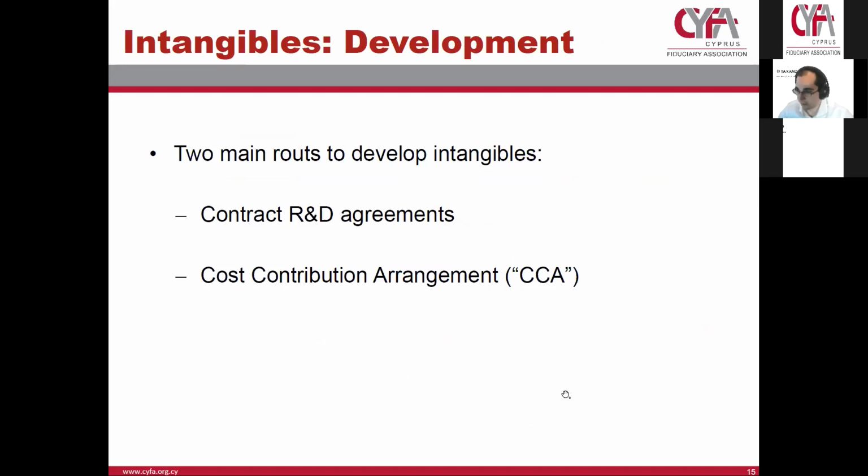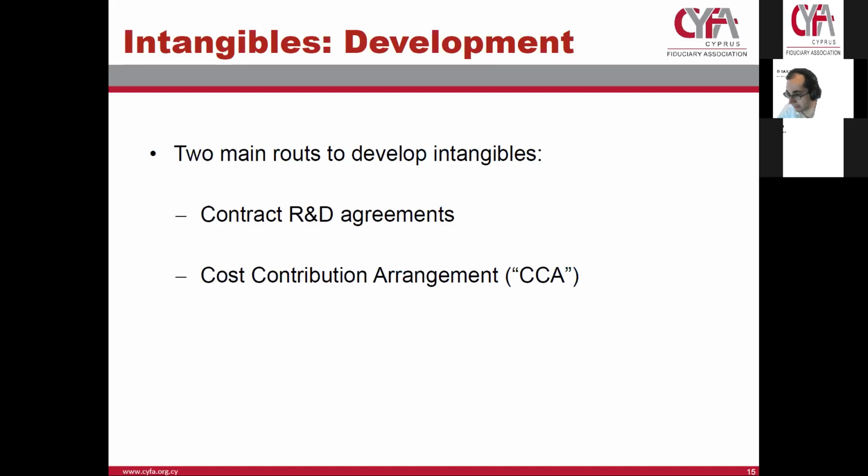With respect to intangibles that are developed in-house, there are basically two routes to develop intangibles. One is contract R&D. So it's the company develops the research and development process within the company, which can also be, of course, outsourced to a third party, but that will be outside of the scope of transfer pricing.